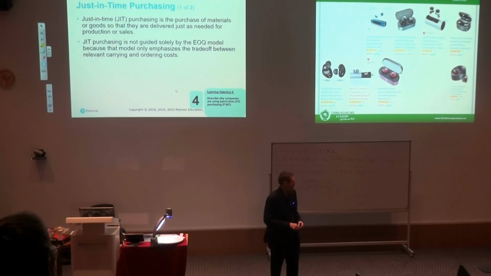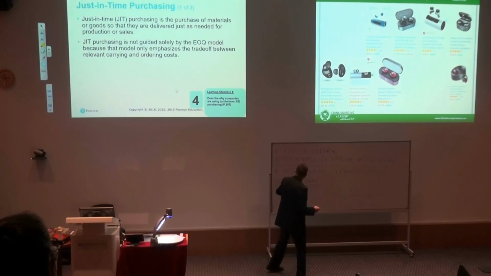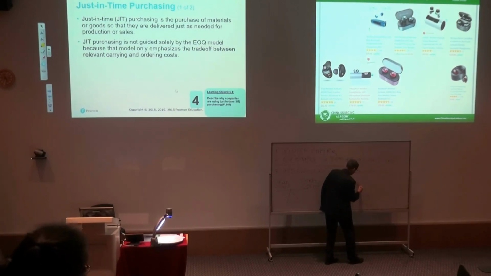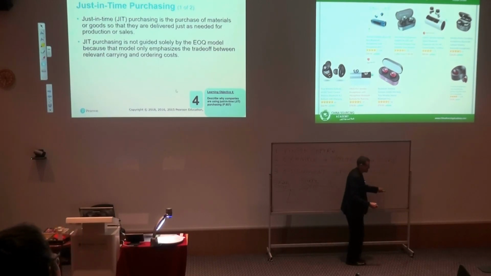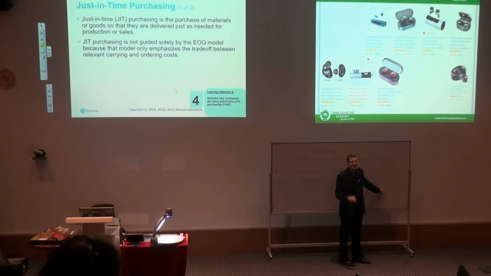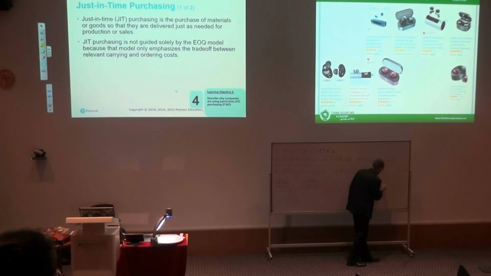And so now we are not trading off ordering and carrying costs. We are trading off carrying costs, right? And what's this missing one? Stock out, that's it. Yeah, that's what we're doing. Okay.